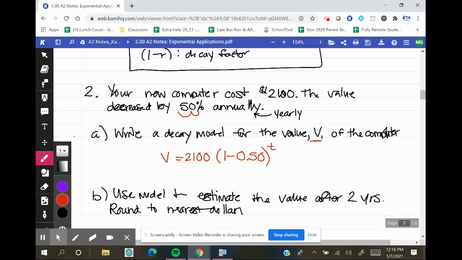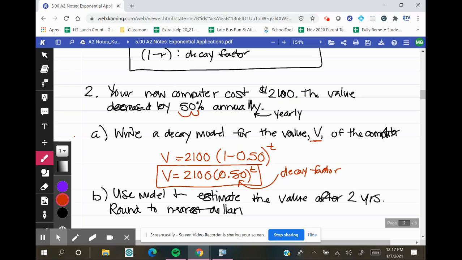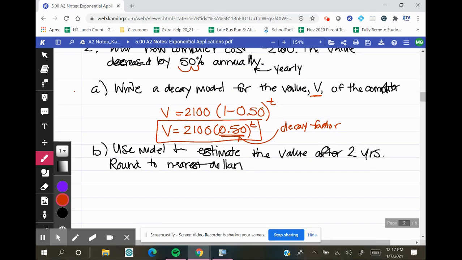And we don't know how much time. 1 minus 0.5 is just going to be 0.5. So 2,100 times 0.50 raised to the t. And remember, that is going to be your decay factor. If the base of our exponent is less than 1, that tells us that it's decay.